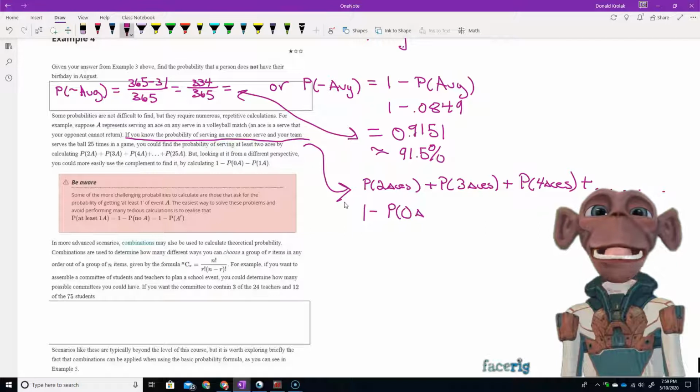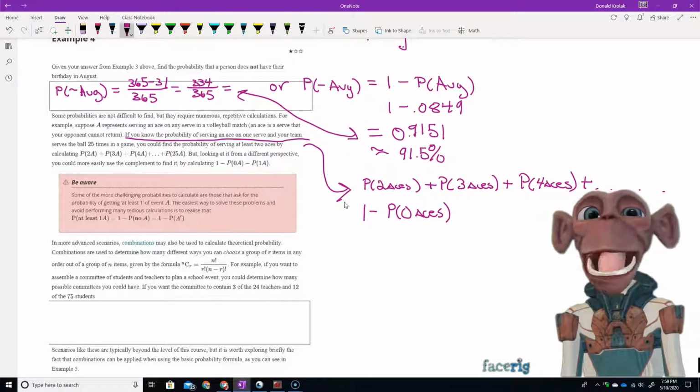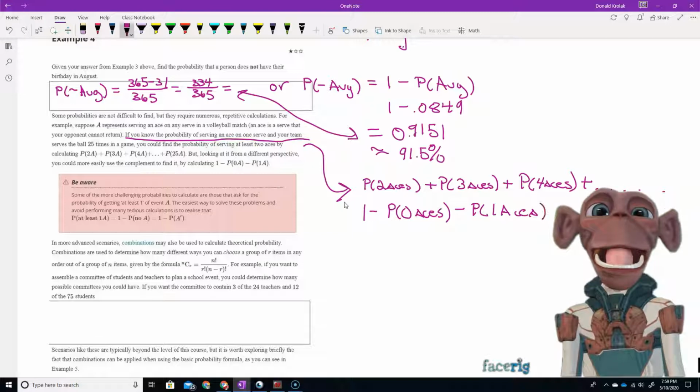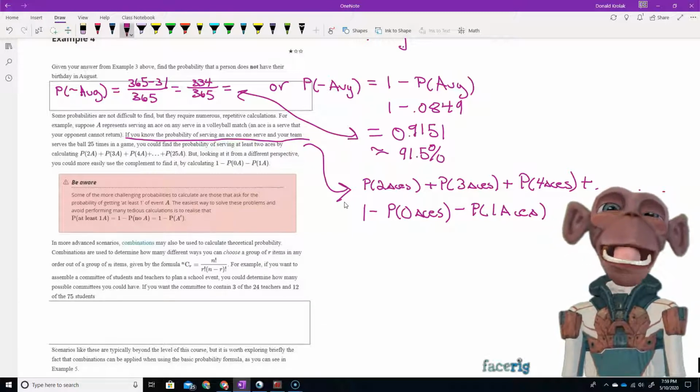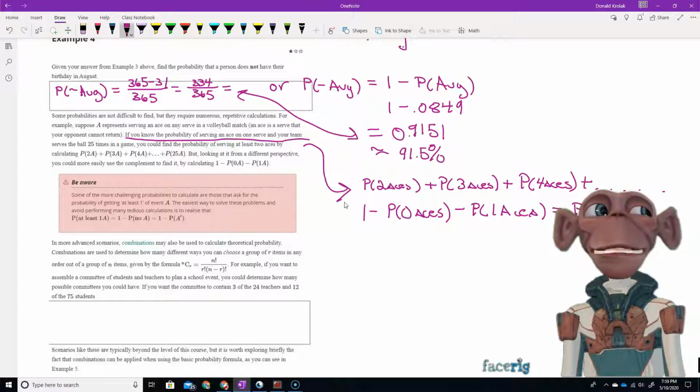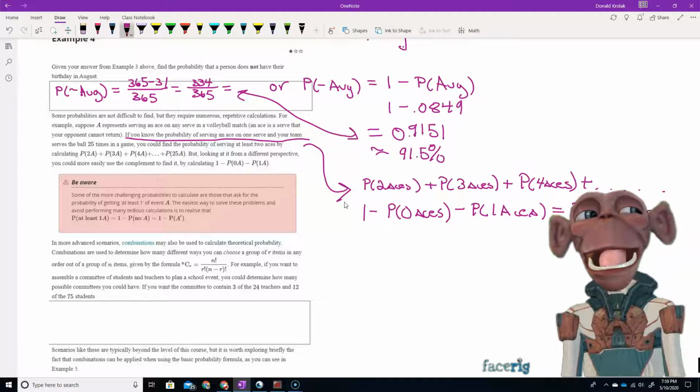Figure out the probability of getting 0 aces and the probability of getting 1 ace, and if we subtract those from 1, we're going to get the same as the probability of at least 2 aces.